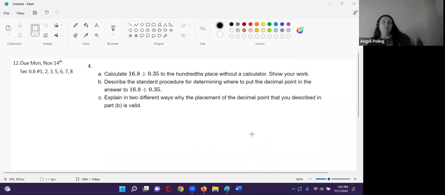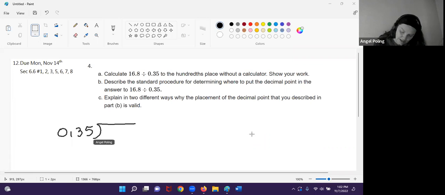This time, we use one of them to guide how many decimal places we ignore in each of them. In terms of the standard algorithm, we would write 0.35 divided into 16.8.